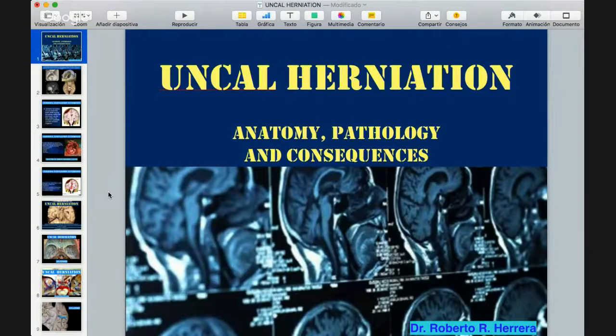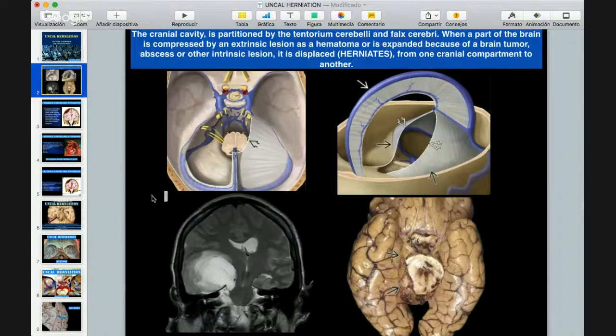I am going to talk about uncal herniation, hippocampal uncal herniation. The cranial cavity is partitioned by the tentorium and the falx cerebri into different compartments.